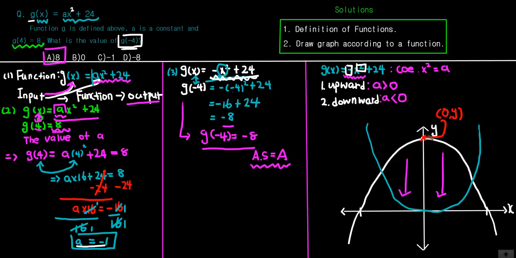But we can find the value of y since we know that if we input a 0 to the x term, it will give us an output. So at first, let's think about g of x is equal to negative x squared plus 24. If we input 0 to the x term, it will be g of 0. That is equal to negative 0 squared, since we input a 0 to the x term, plus 24.